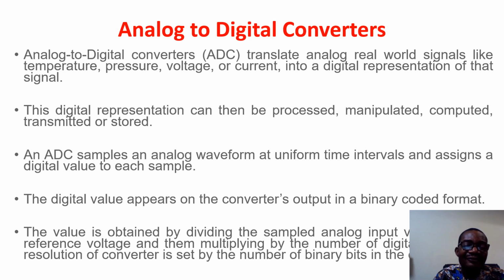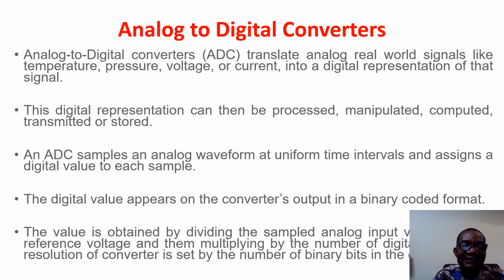Your microprocessor is a digital IC, and for it to be able to understand the analog signals obtained from the physical environment, those analog signals need to be converted to digital signals. That is the purpose of analog to digital conversion. So this digital representation can then be processed, manipulated, computed, transmitted, or stored.